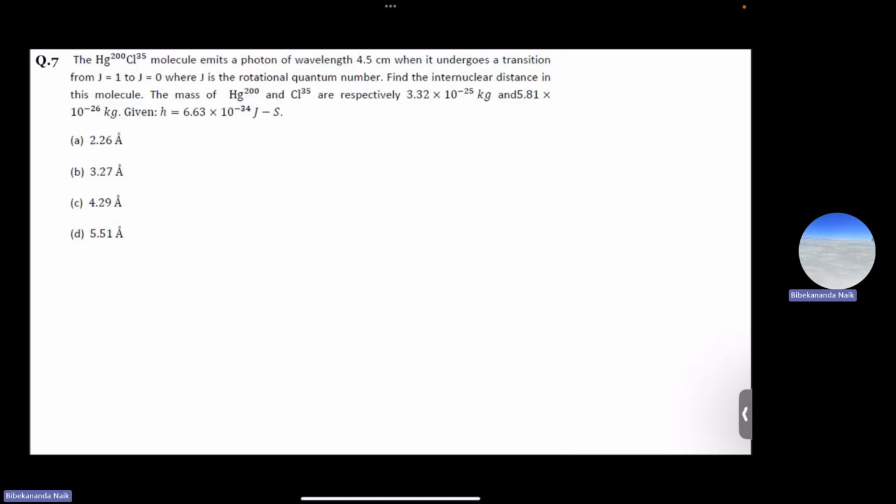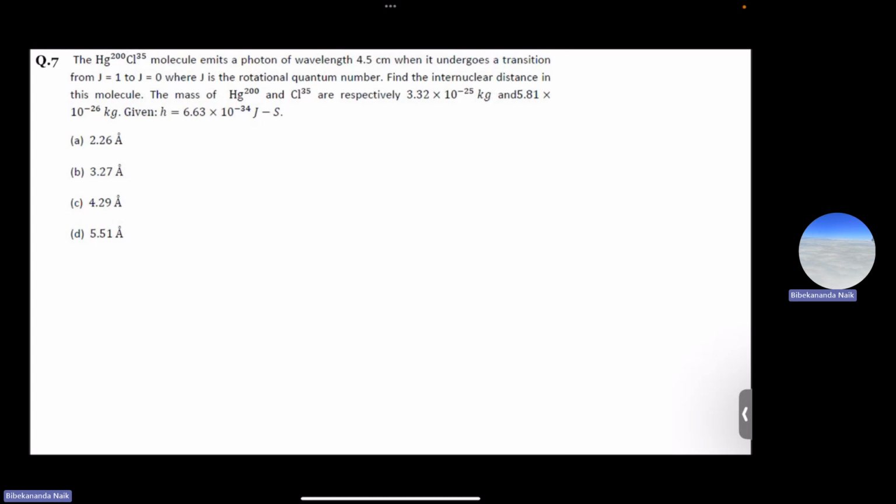Then the second question. The question says, the HgCl molecule emits a photon of wavelength 4.5 centimeter when it undergoes a transition from J equal to 1 to J equal to 0, where J is the rotational quantum number.